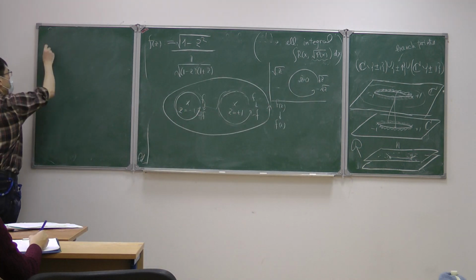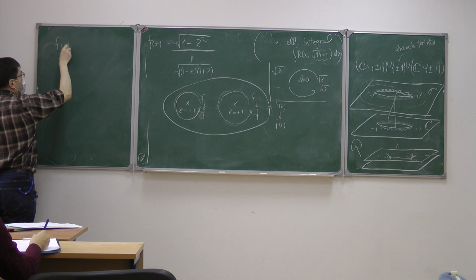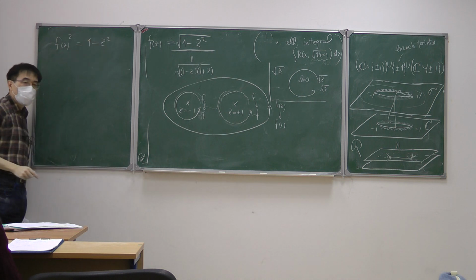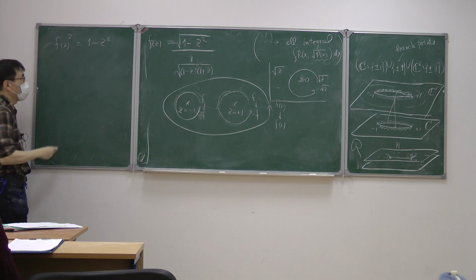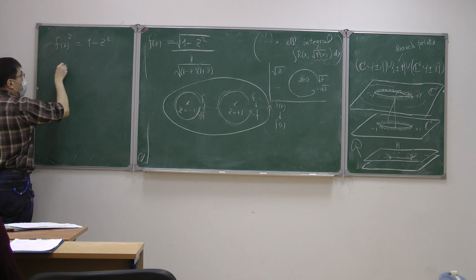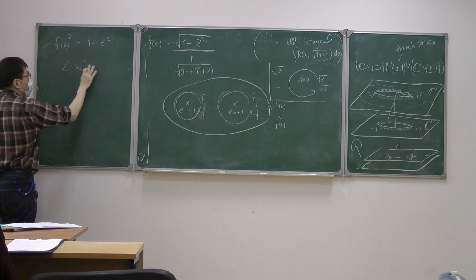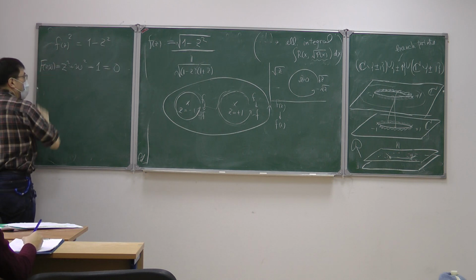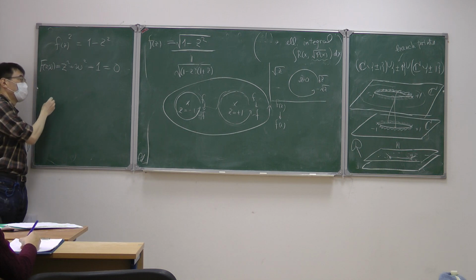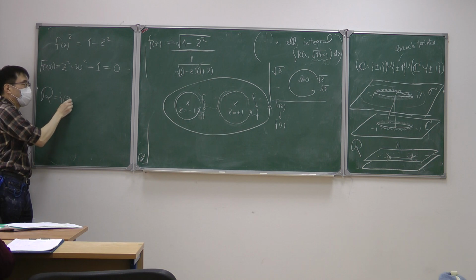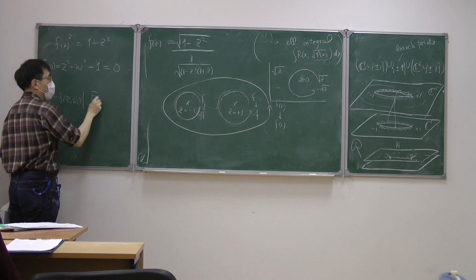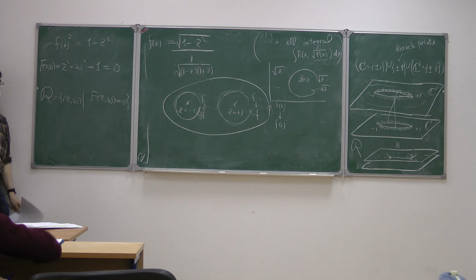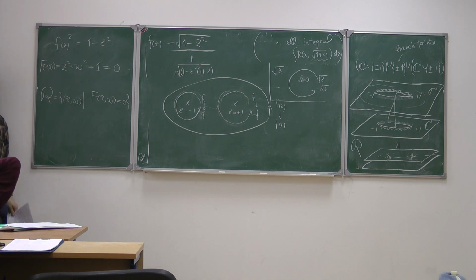Or, since the square of this function is 1 minus z squared, we can use this polynomial to define the Riemann surface. Well, let's check whether we can apply that previous theorem.